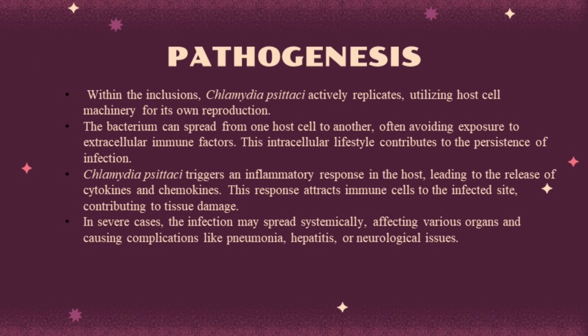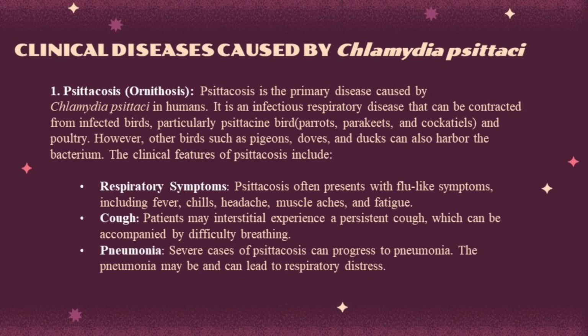This response attracts immune cells to the infected area, leading to tissue damage. In severe cases, the infection may spread throughout the body, affecting various organs and causing complications such as pneumonia, hepatitis, or neurological issues.